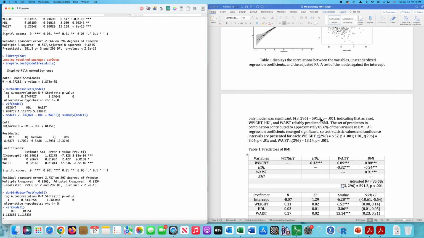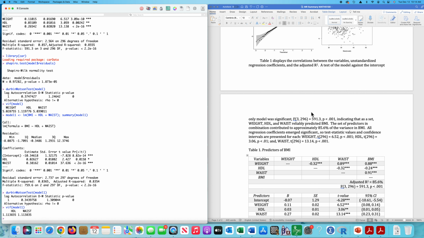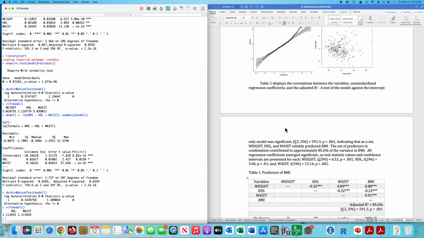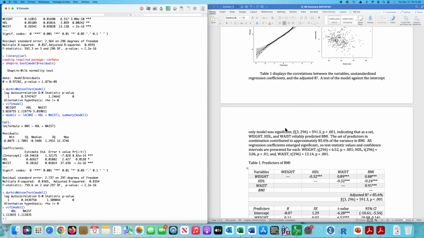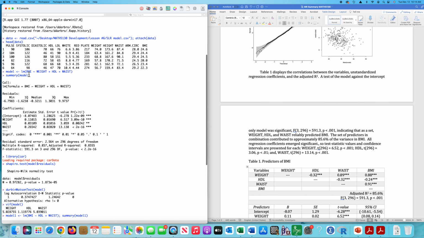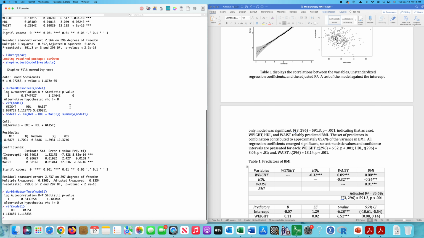At this stage, I would have a really important decision to make. Do I just proceed and try to find a different model? One thing I may do is dichotomize. I'm trying to predict BMI here. Maybe I should dichotomize BMI in terms of high and low and use a logistic regression model, where I'm not going to run into these kinds of issues.